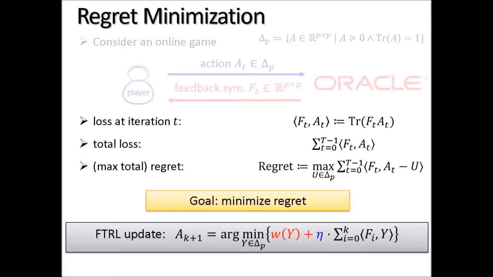We know that could be bad, and it turns out that adding a regularizer can give a better strategy. Whenever you choose a different regularizer, that gives you a different strategy. This is the follow the regularized leader update.